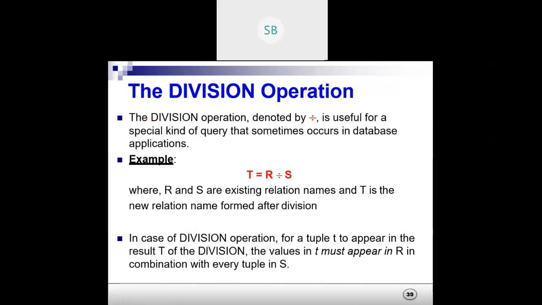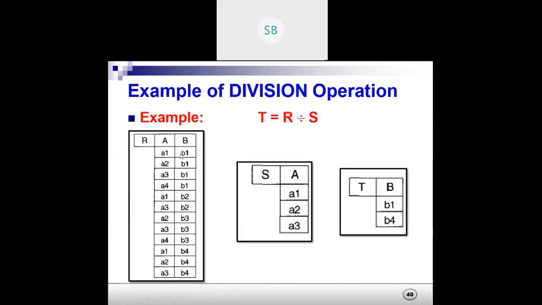In case of a division operation, for a tuple T to appear in the result of the division, the values in T must appear in R also, in combination with every tuple in S. So the same combination, A1, A2, A3, should be followed in both the tables.